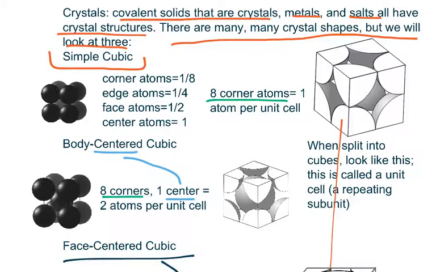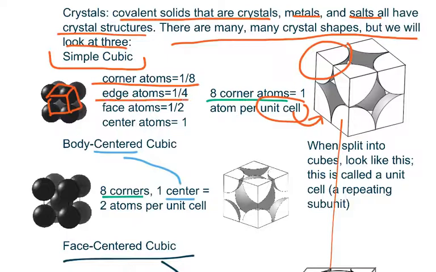And this is when atoms form a cube, and the atoms would be the corners of that cube. So it would look something like that. Now, before we continue, we have to learn about a few things. In a cube, or a unit cell, which is what we refer to as the cube, the corner atoms are considered 1/8 of an atom, because as you can see, 1/8 of the atom is inside the cube, because the atom is a full sphere, but only 1/8 of it is actually inside the cube.